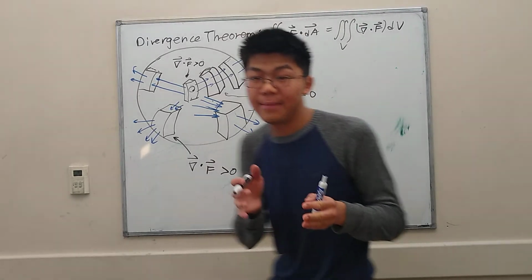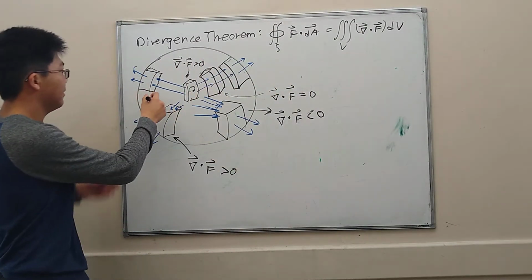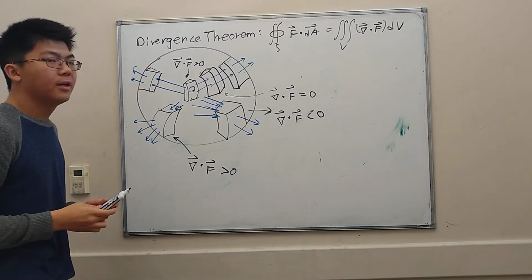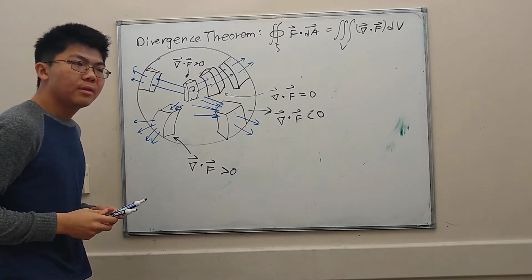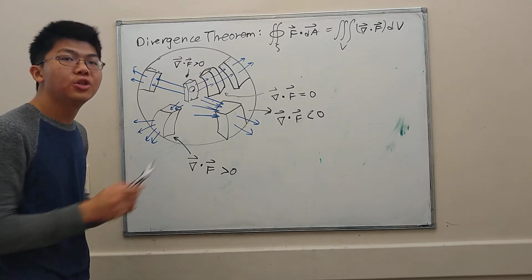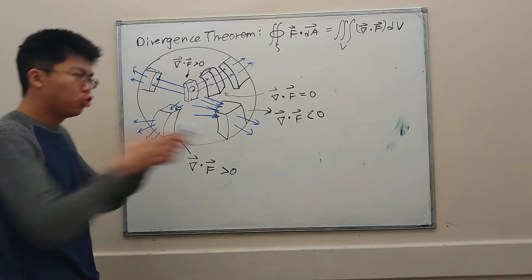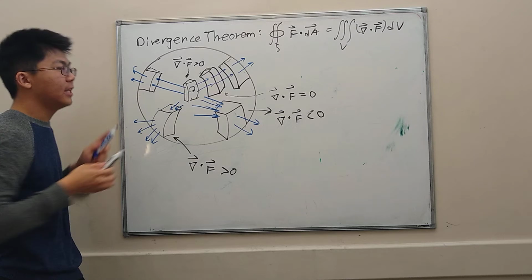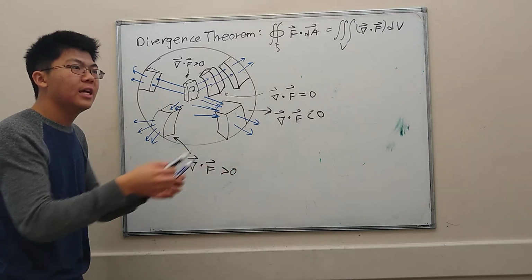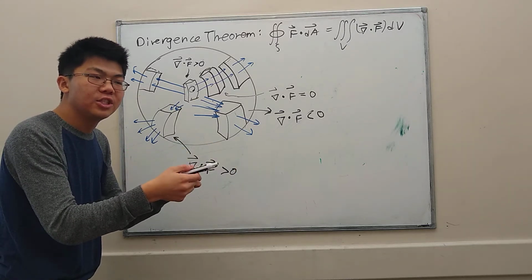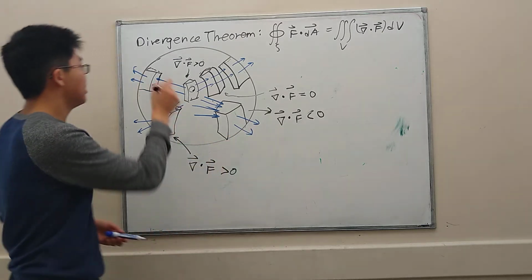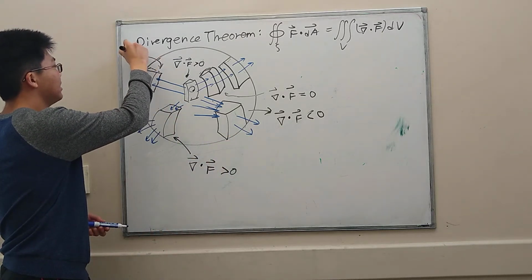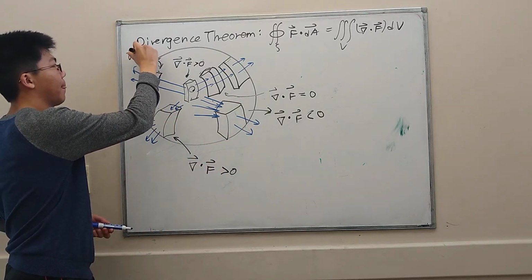And for our final example, for this cube here, there are 2 arrows going in and 2 arrows going out. But the strength, indicated by the magnitude of the vectors here, of the flow in is much stronger than the strength of the flow out. And so the divergence here is negative.